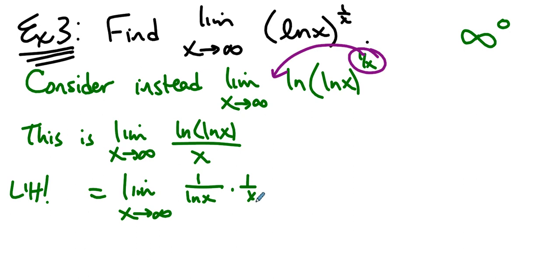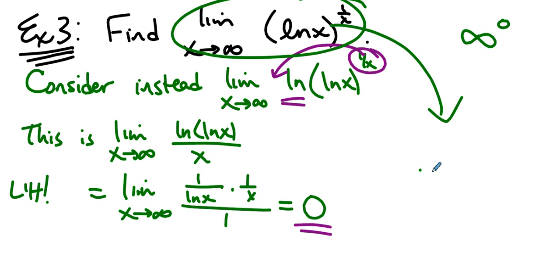Did you remember chain rule? Derivative of the denominator. And we try again. This obviously goes to 0. The natural log goes to 0. So this goes to e to the 0, and that's 1.